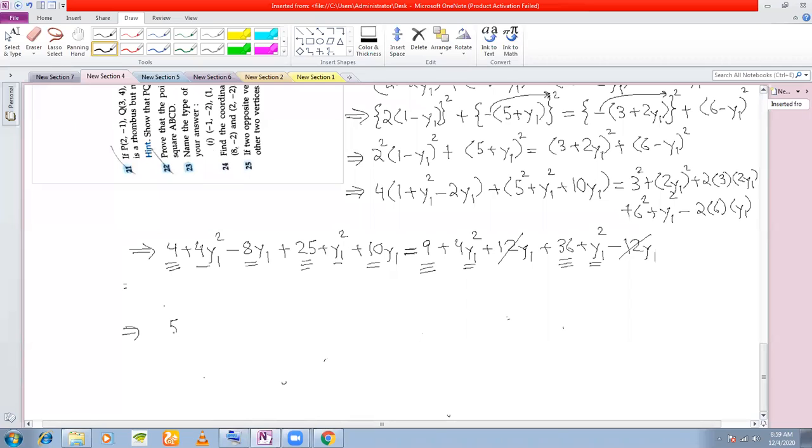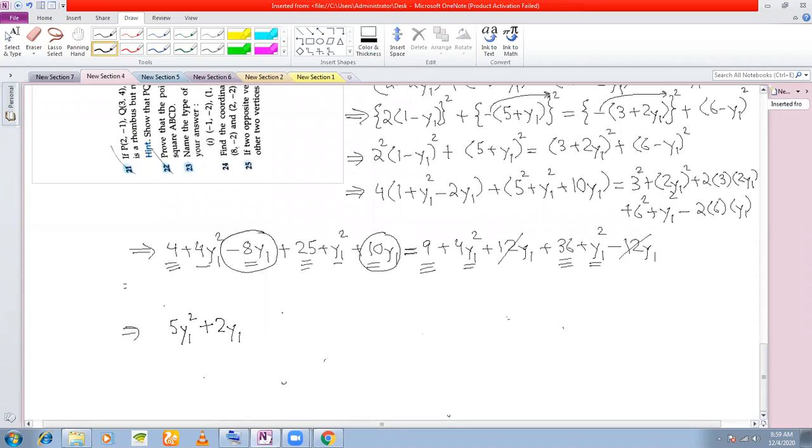So I had 5y1 square. This was okay. Regarding the power of y1, you had a 10y1 here plus 10y1, and you had a minus 8y1 here. That means this should be plus 2y1. Yeah, this was a mistake.